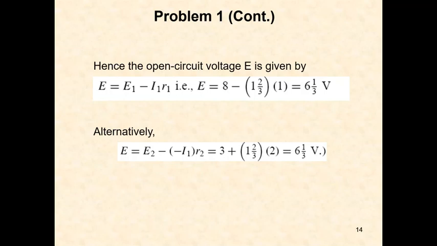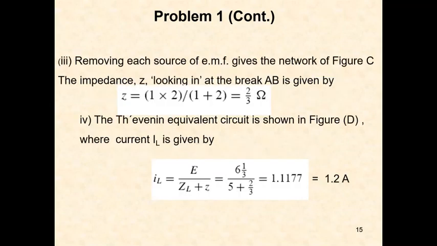Alternatively, E is equal to E2 plus I1 into R2, that is 3 plus 1 2 by 3 into 2, that is 6 1 by 3. So the total voltage source is 19 by 3 volts and the resistance is 2 by 3 ohms.